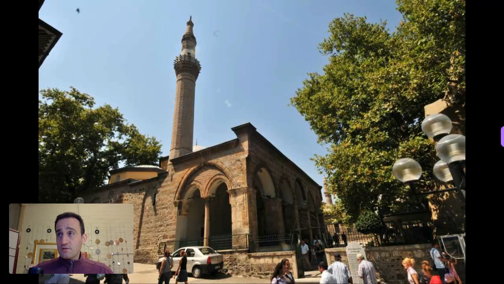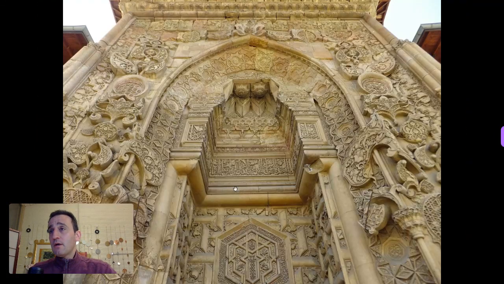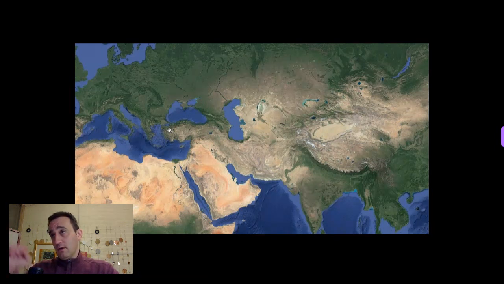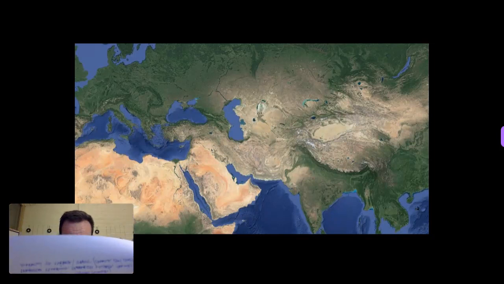This is in Bursa, and I should point out that the 3 cities where we're looking at architecture are Constantinople, Bursa, which is still on the Asian part of the continental divide, and then the third city, let me make sure I get the name right, is Edirne.